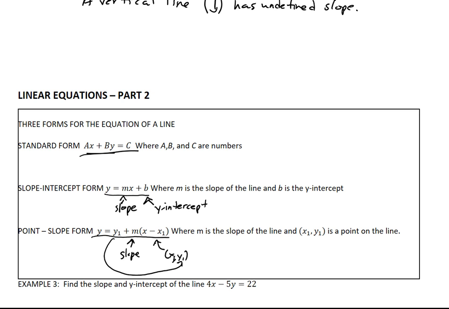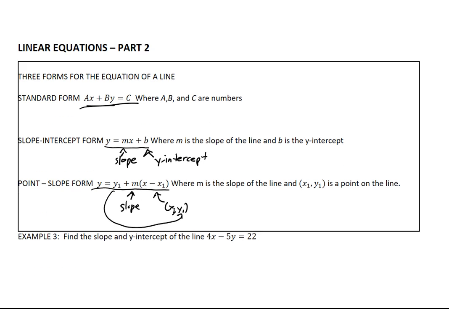So the fact of the matter is, except in very special cases, if you can write it in slope-intercept form, you can write it in point-slope form. In fact, you always can. So I really prefer point-slope form. It's easier to work with, and only in a few cases is slope-intercept form easier.